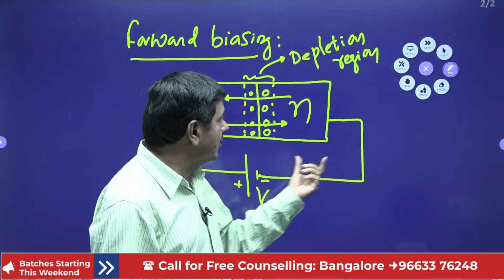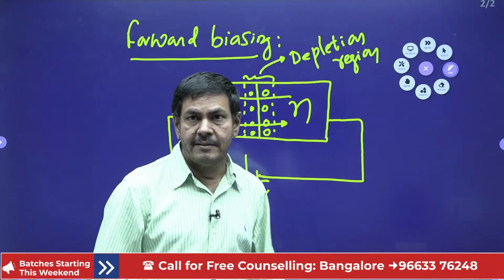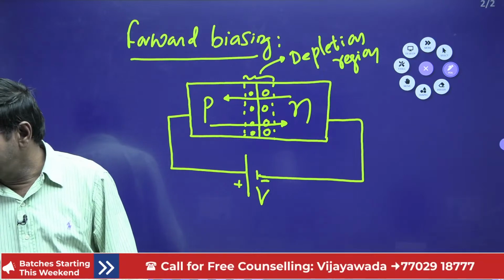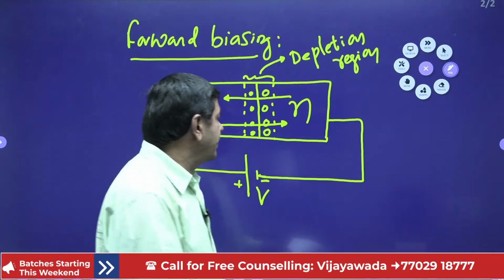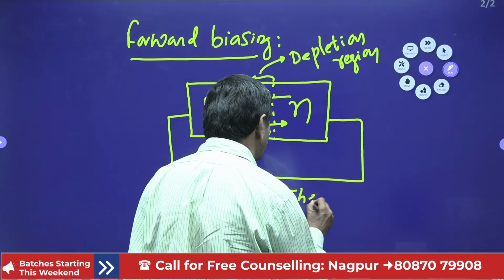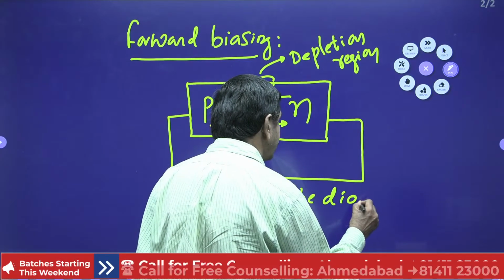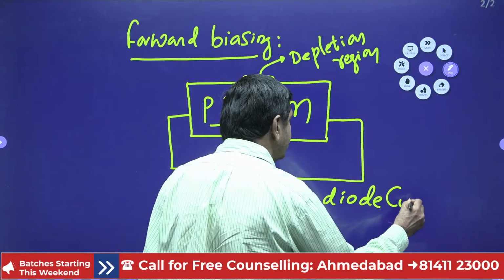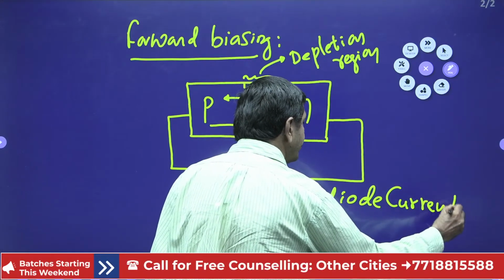So how can that diode current equation be written? When the diode is forward biased, the diode current is written like this. You can expect questions from this equation.